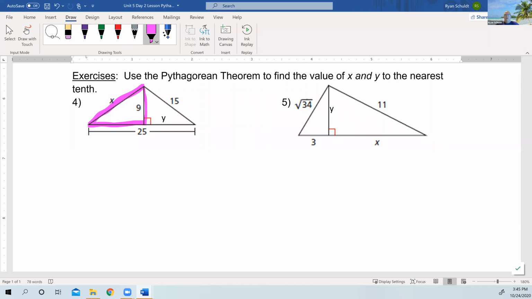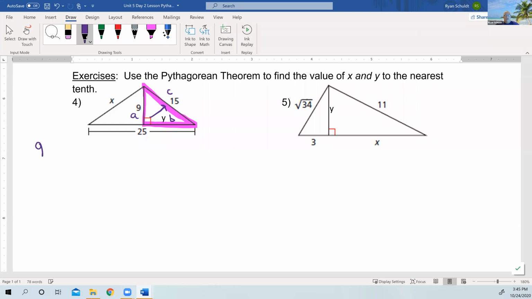I only know 1, so I can't do that. If I look at this one, I know the 9 and I know the 15, so that leaves me with only not knowing the y. So that means this is going to be my hypotenuse. There's my A, there's my B.